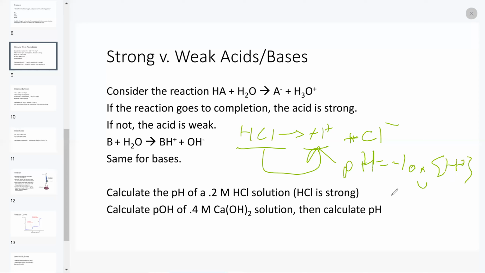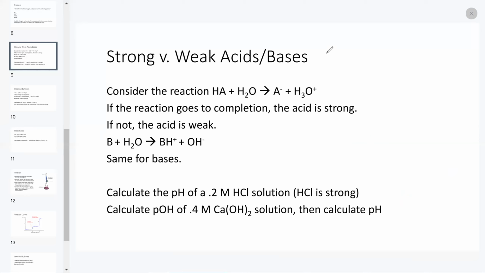So pH equals the negative log of 0.2, which is, so we have a pH of 0.70. So I'll let you do the second problem.